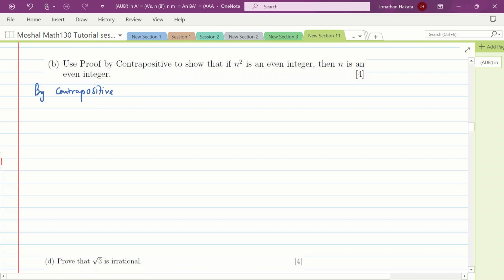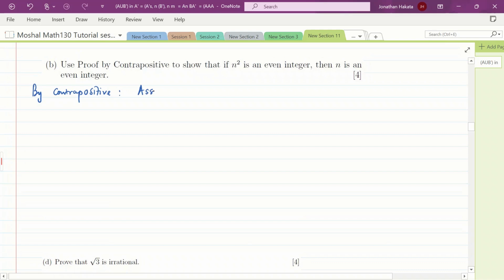So we start off by saying by contrapositive, we need to write down the statement in contrapositive form. So we say assume n is an odd integer.